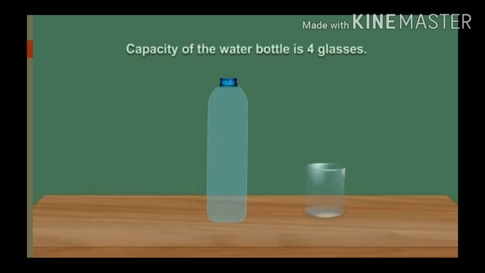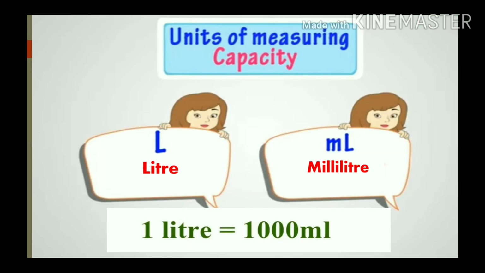Now, students, we see the units of measuring capacity. The units of capacity are liter and milliliter. L represents liters and ml represents milliliter. And students, you should know that liter is the standard unit of capacity.